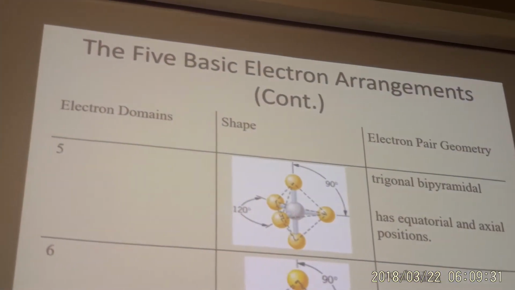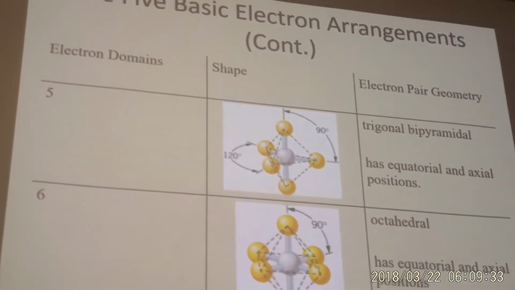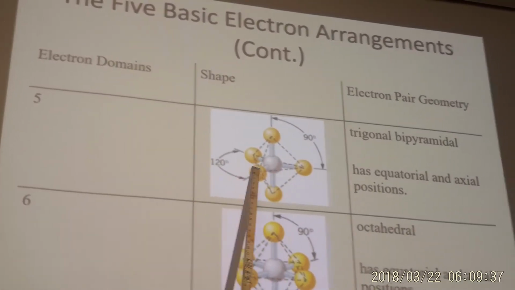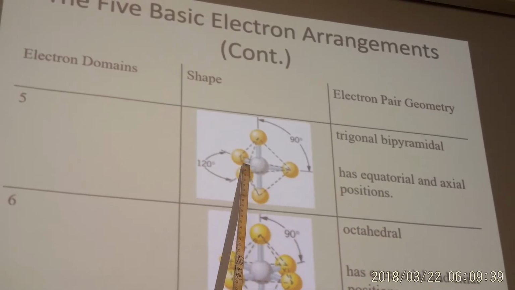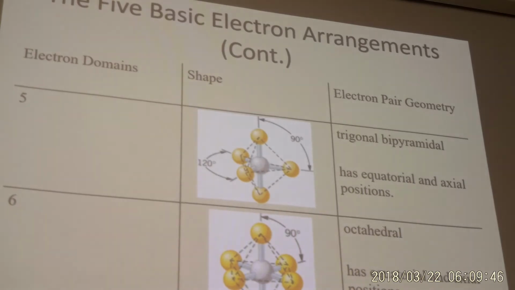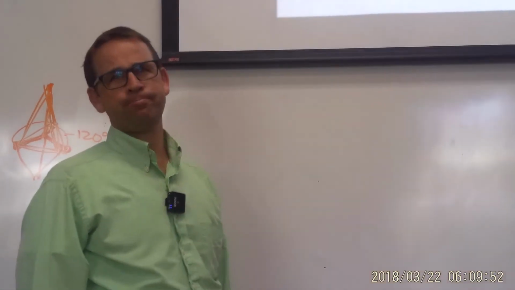The top one there. 3 regions in what? What do we call these regions? Equatorial, and 2 axial. Okay, of those regions, the equatorial or the axial, who do you think has more space?